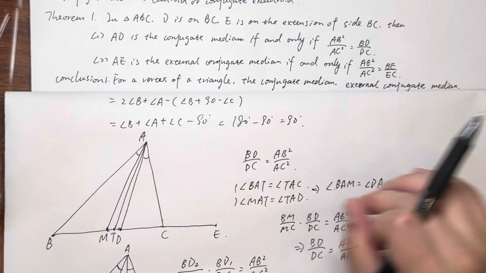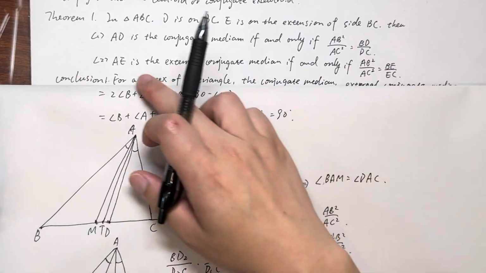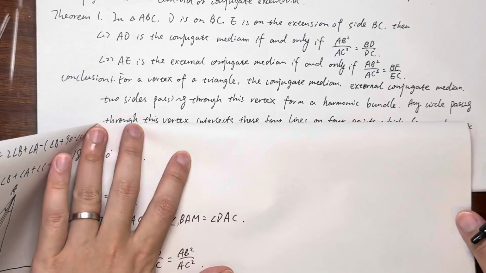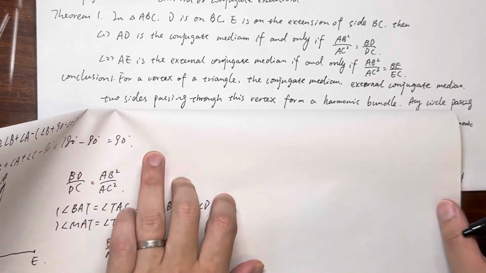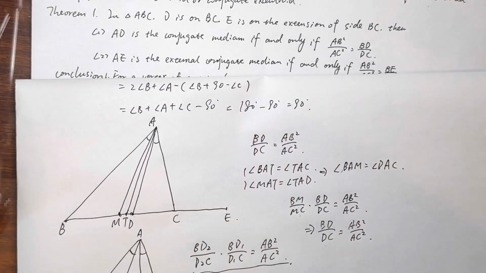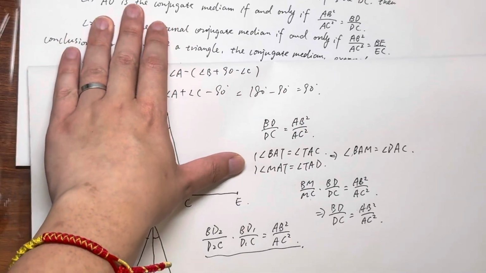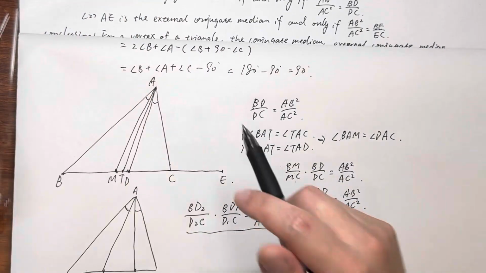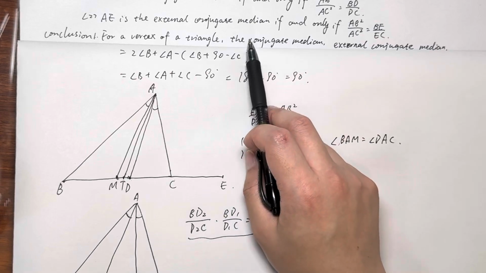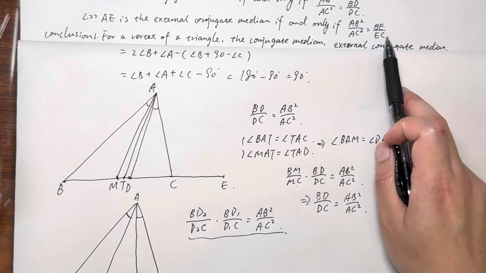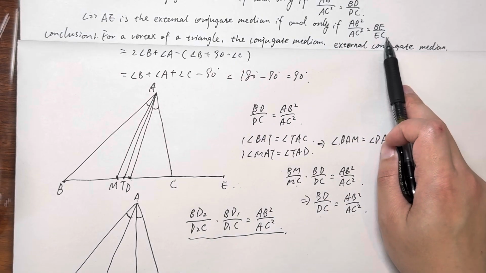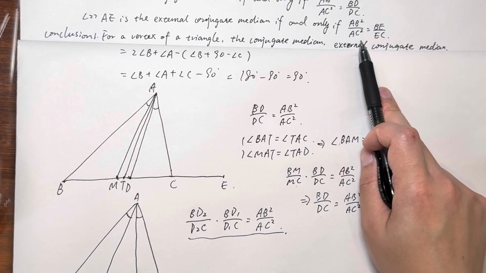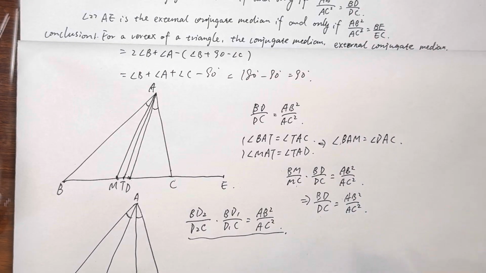That's for the conjugate median. And for the external conjugate median, it's similar here. So for the external conjugate median, we want to prove that BE to EC equals to AB squared to AC squared, right?